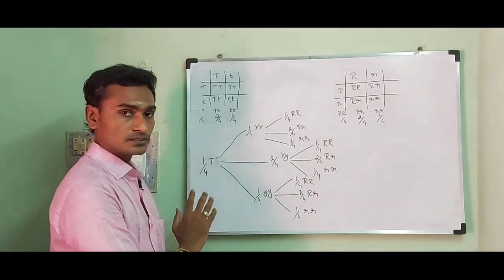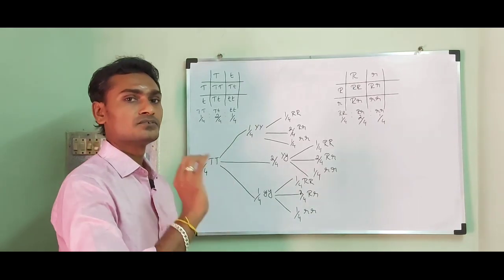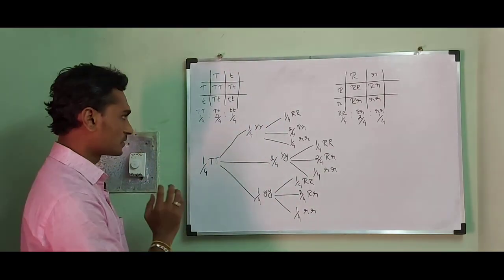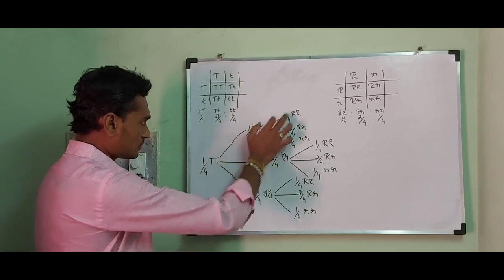Now I am going to multiply each Forkline pathway. First I am going to multiply this Forkline pathway.